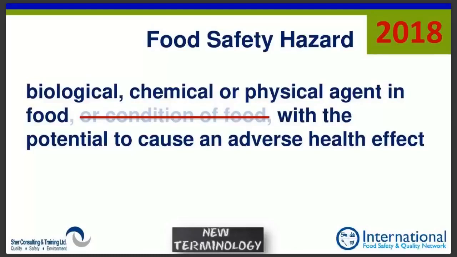The way to get around this, if you are an auditor, or if you do want this to be in your food safety management system but still don't want to work against the definitions of the standard, well, if we were to look at the whole standard, the whole food safety management system part of ISO 22000 lives in Chapter 8, which we're going to get to in a second.